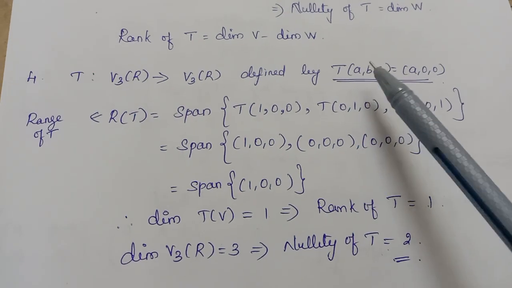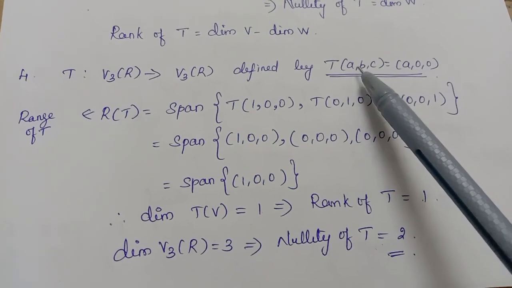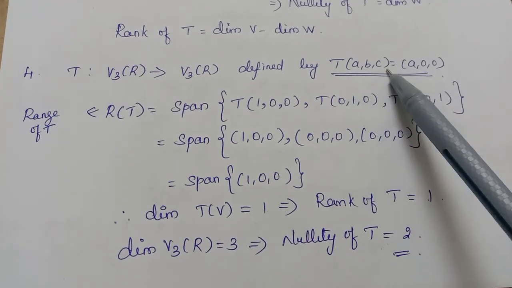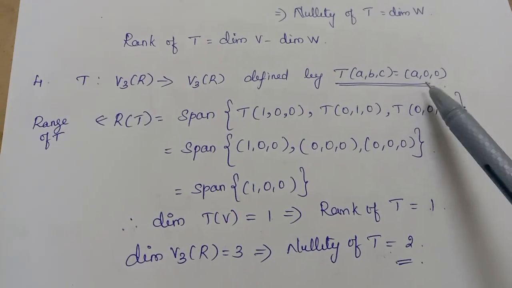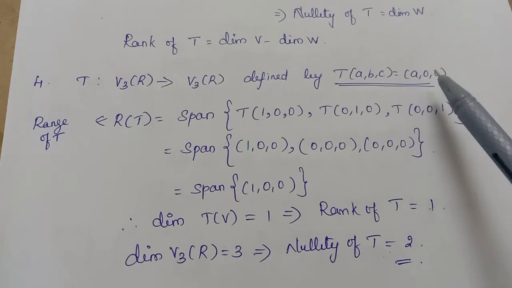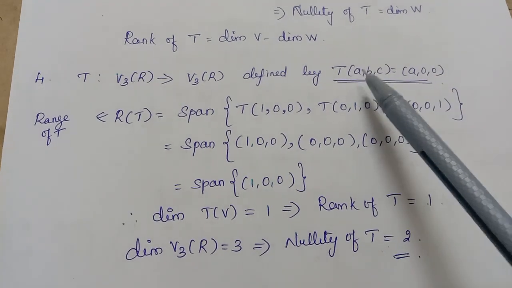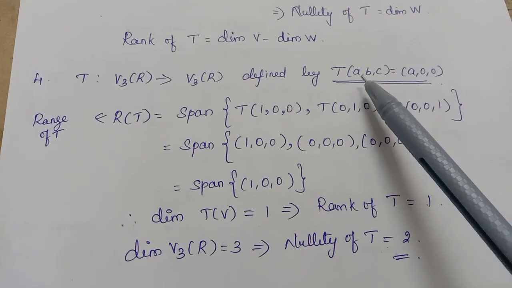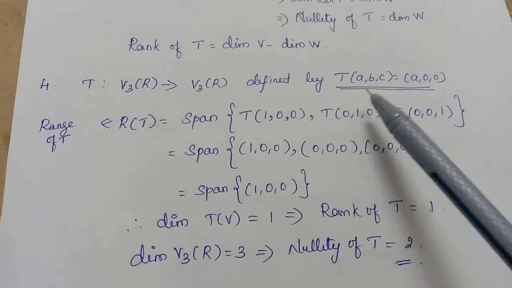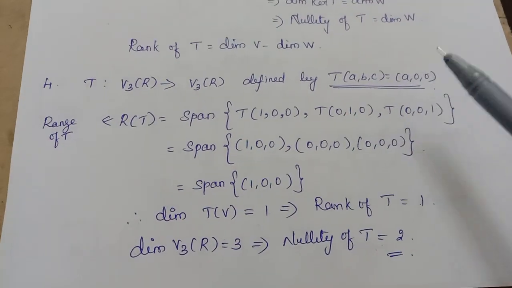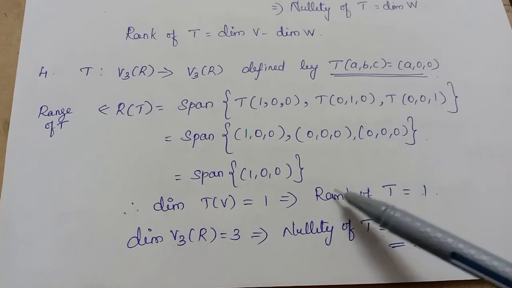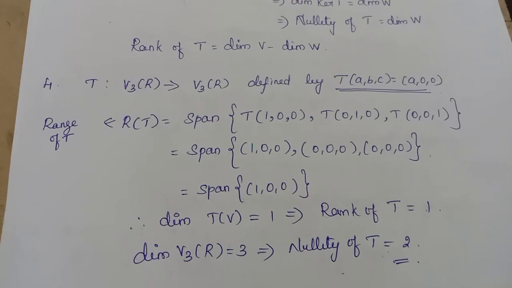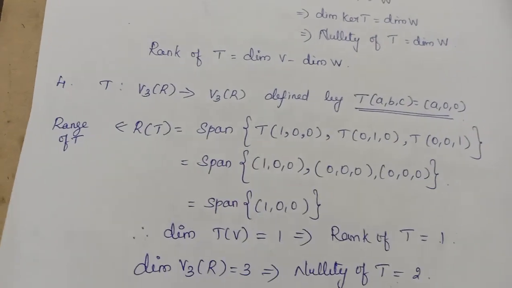That is, for all values of 0, b, c, this will be spanned by the kernel of T, isn't it? So kernel of T is of dimension 2, that is (0, 1, 0) and (0, 0, 1). Instead of finding the kernel, this will be quite simpler. So you can find the rank and then you can write the nullity. Otherwise you can do it in the reverse order also, right?